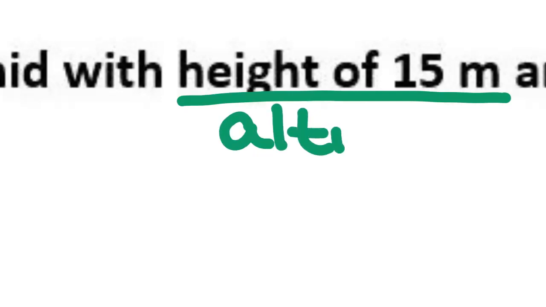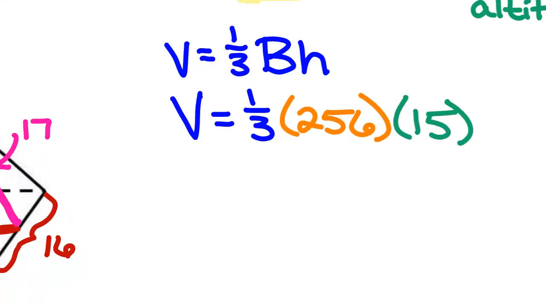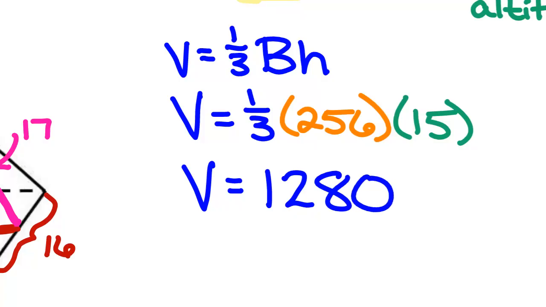Remember, that's the same thing as the altitude. All right, so then we grab our calculators. 1/3 times 256 times 15 gives us what? What did you say? 1,280, and that would be meters cubed.